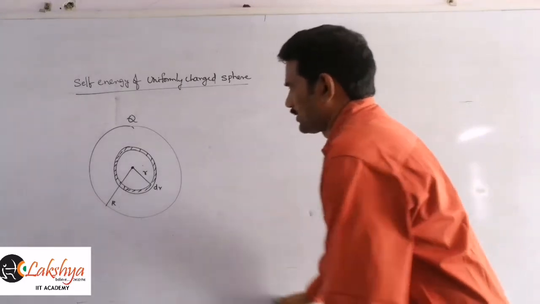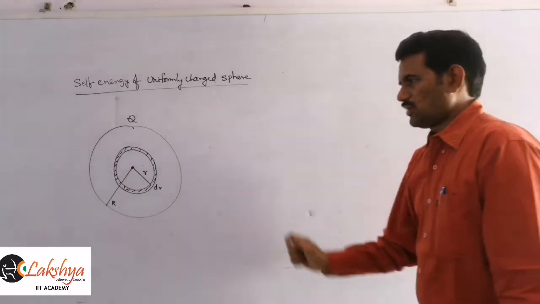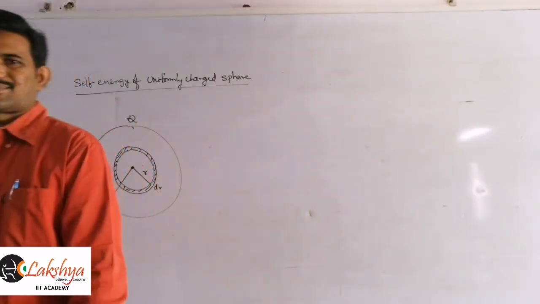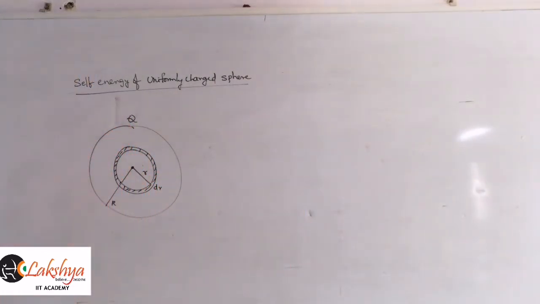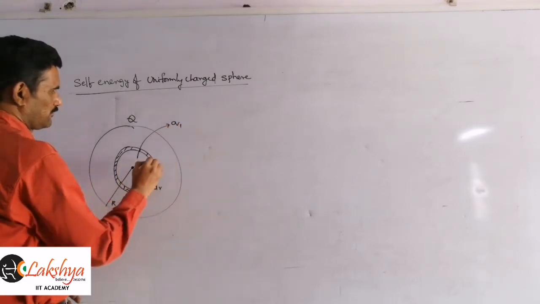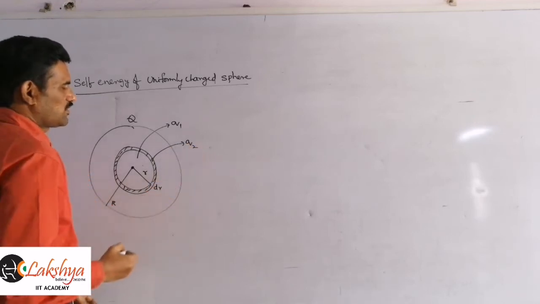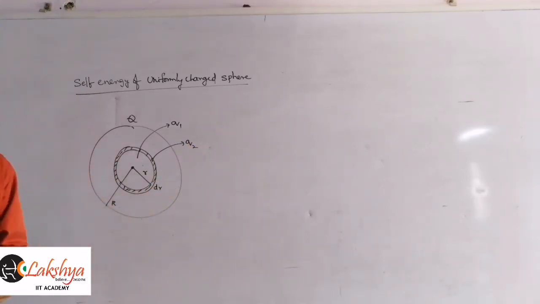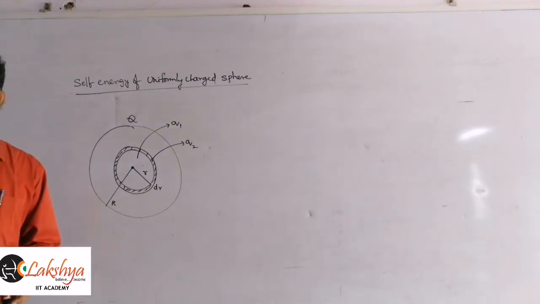In that, consider a small solid sphere of radius r as one element, and the surrounding spherical shell of radius r and width dr as another element. Let q1 and q2 be the charges in those two elements respectively. So we are taking those charges as q1 and q2.